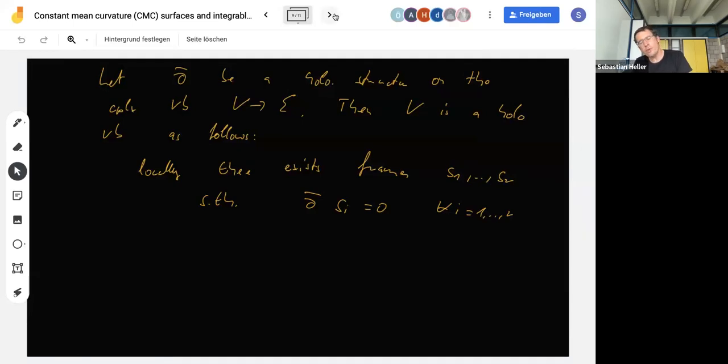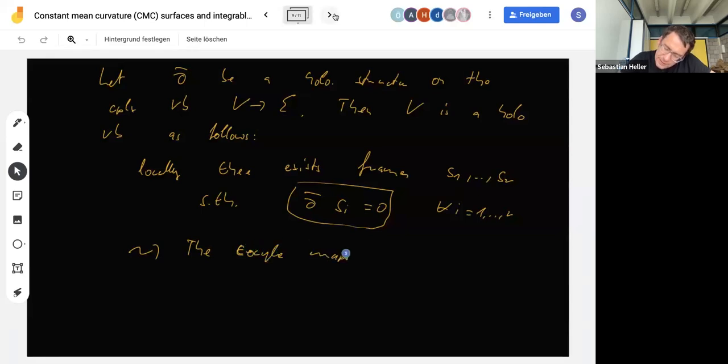So if we now compute the transition functions between such frames, which are holomorphic in the sense that the del bar of them is 0, then automatically the transition functions, or the cocycle maps of these frames, are holomorphic.